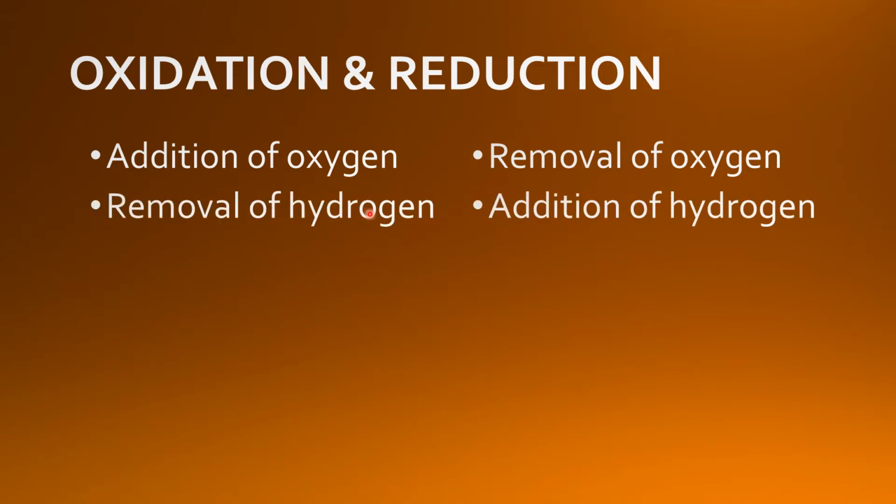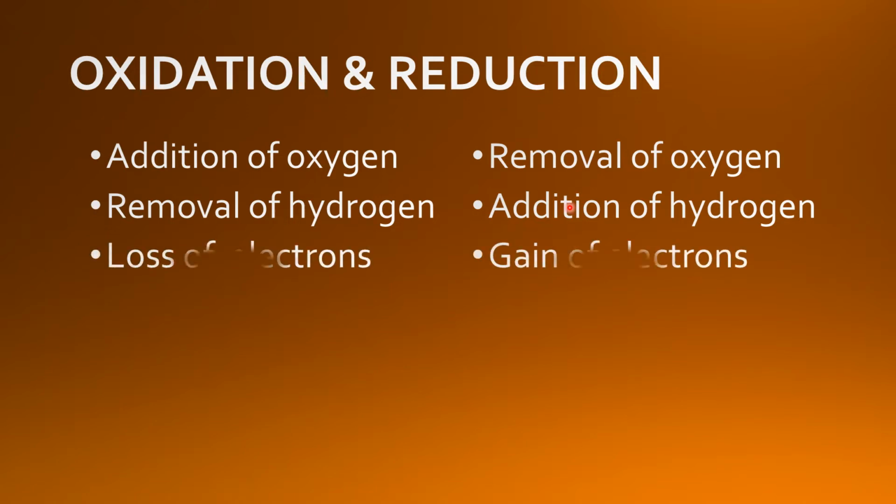Removal of hydrogen is also called oxidation, and in the same way addition of hydrogen is called reduction. And the third point is that oxidation is the loss of electrons. If an element or an atom loses electrons, we will say that the process of oxidation is taking place. In the same way, if an atom gains electrons, we will say that reduction is taking place.